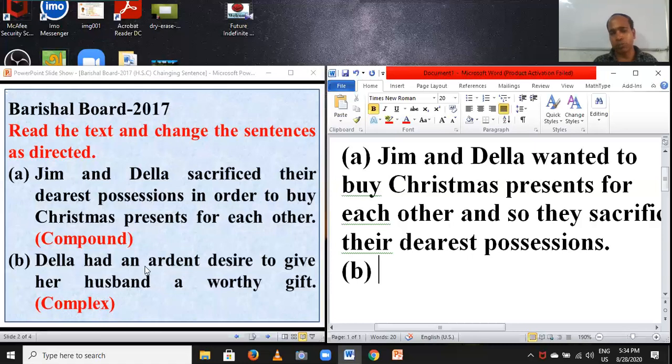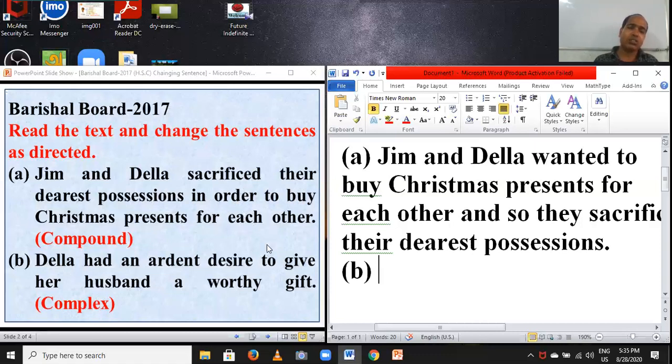This sentence, question B, is simple. Students, notice: in order to and to plus base form of the verb, there is no difference. It is very interesting.